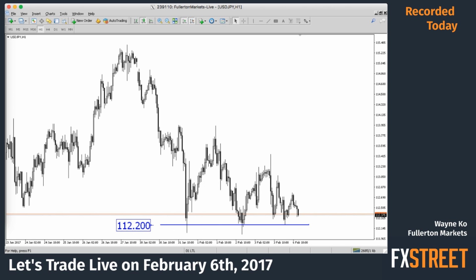So if the yen strengthens too much, that will be a challenge for them to hit their inflation target, and also will hurt their exports as well. So having said that, for the yen to strengthen below 112, maybe, but the BOJ will start to come in to support it, to prevent it from strengthening too much.